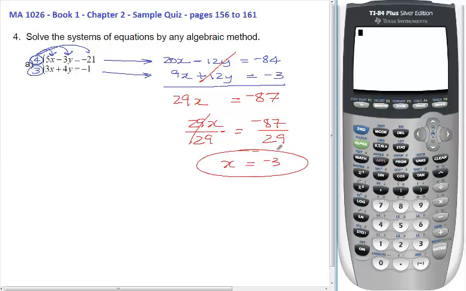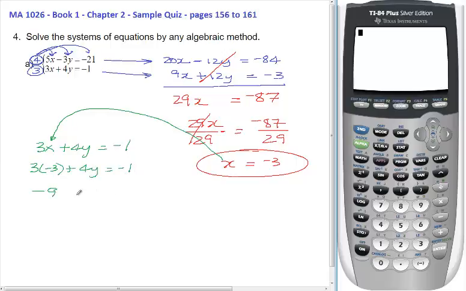Remember, a solution to a system is an ordered pair, so you still have to do one other thing. Most people will not go back and eliminate, they'll just sub this back into either of those equations. Doesn't matter. So pick an equation, sub it back in. I'll pick the bottom one, 3x plus 4y equals negative 1. X goes in here, so 3 times negative 3 plus 4y equals negative 1.